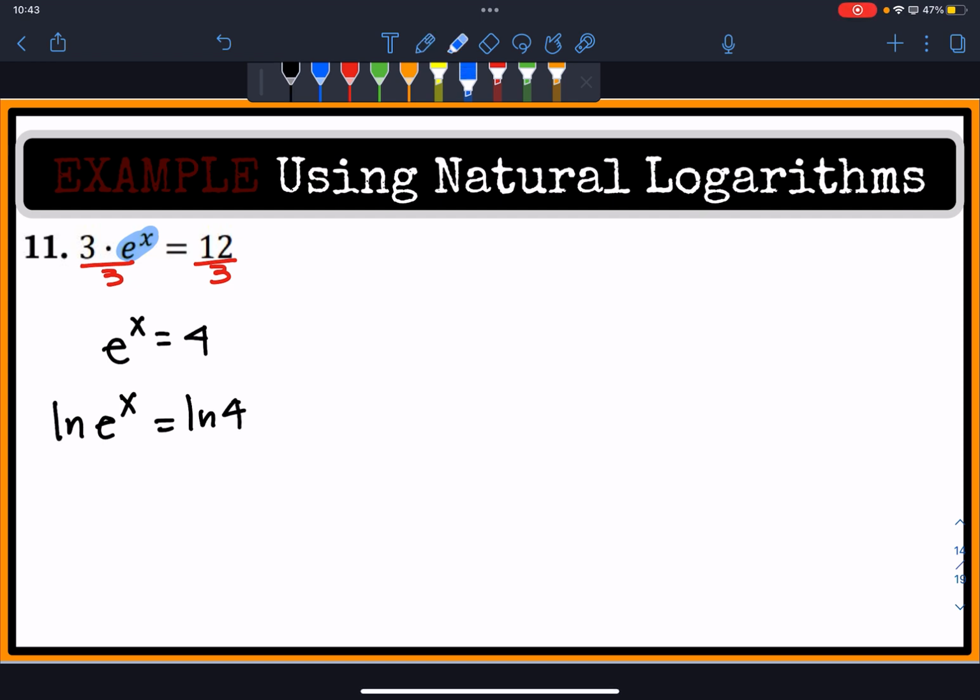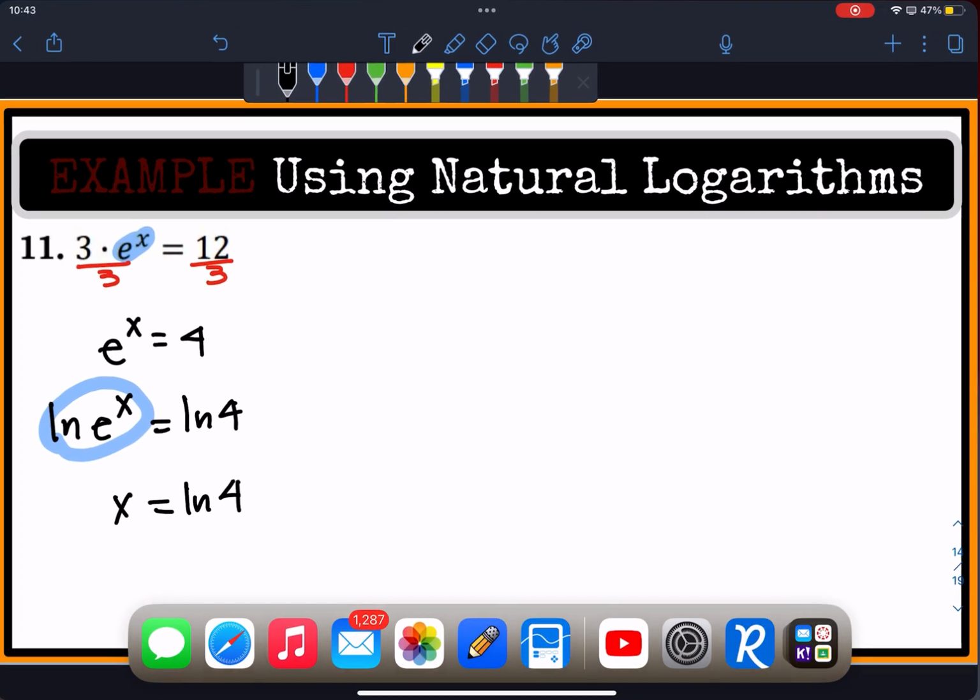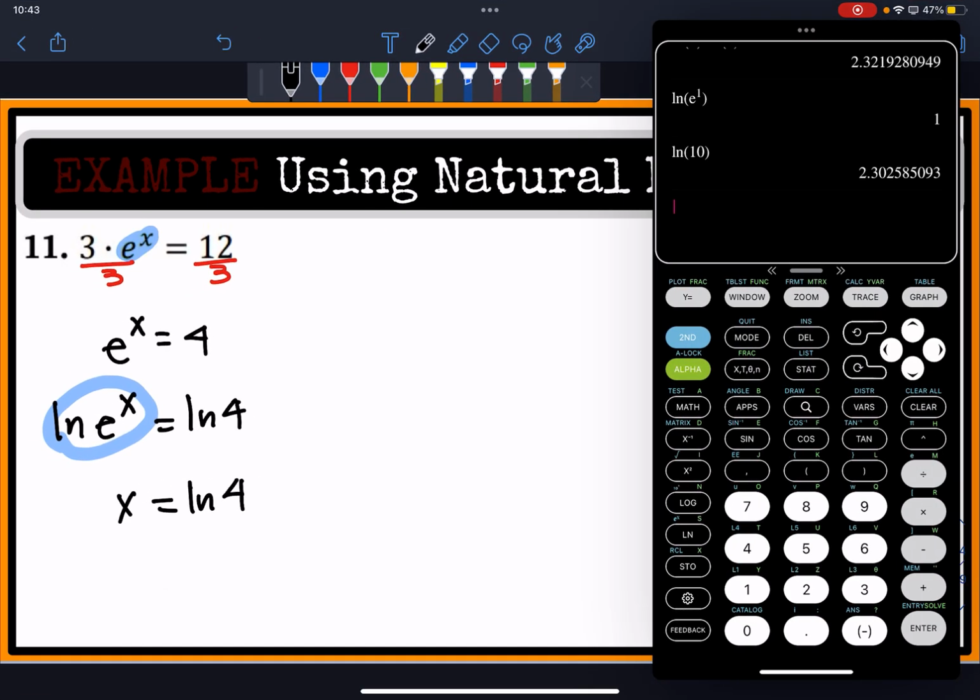And again, this right here is going to simplify to just x. So our answer is that x equals the natural log of 4. And let's evaluate that. The natural log of 4 is approximately 1.386.